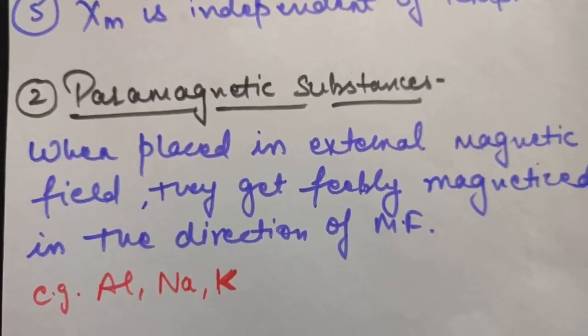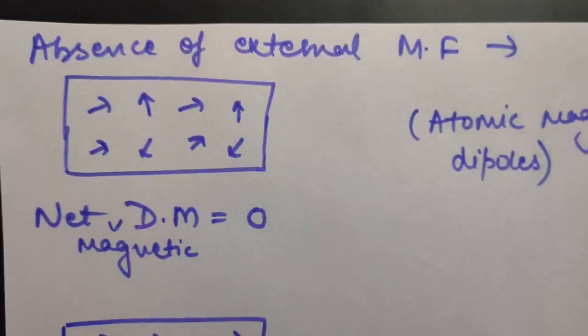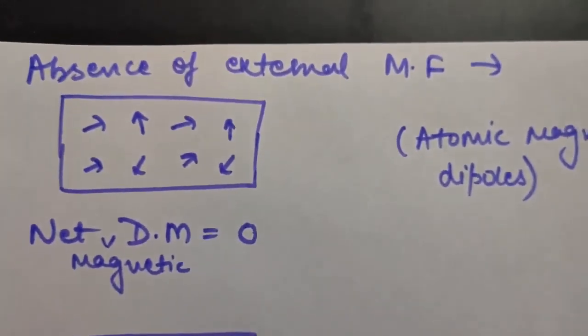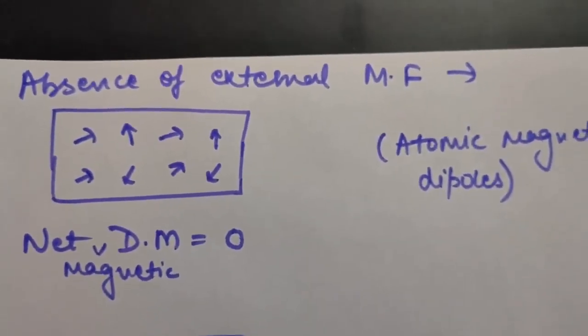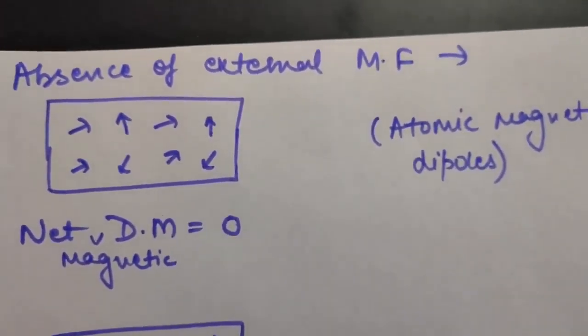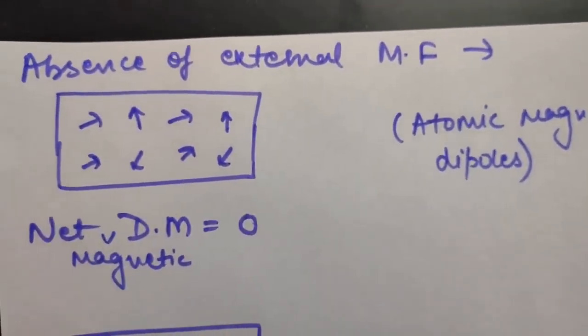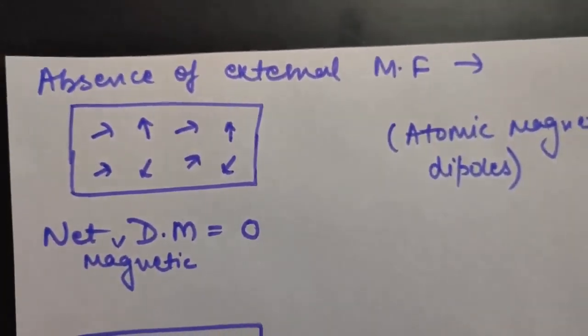Okay, so now let us again understand what is the explanation of these substances. Again we'll discuss the two cases: when external magnetic field is not there and when there is some external magnetic field. In paramagnetic substances, there are many atoms, and those atoms have some permanent magnetic dipole moment.